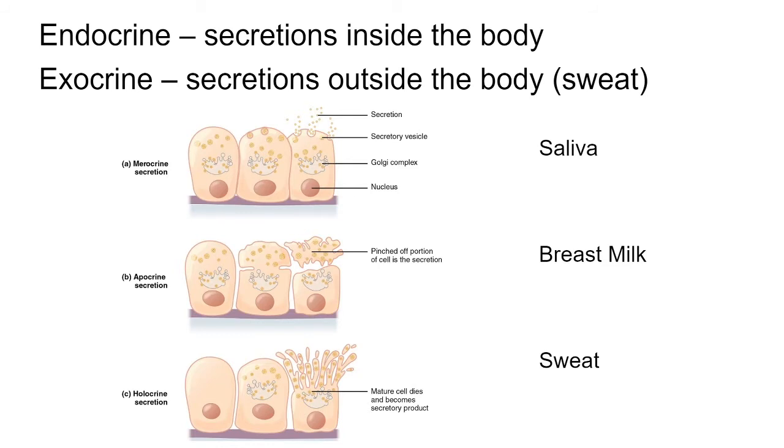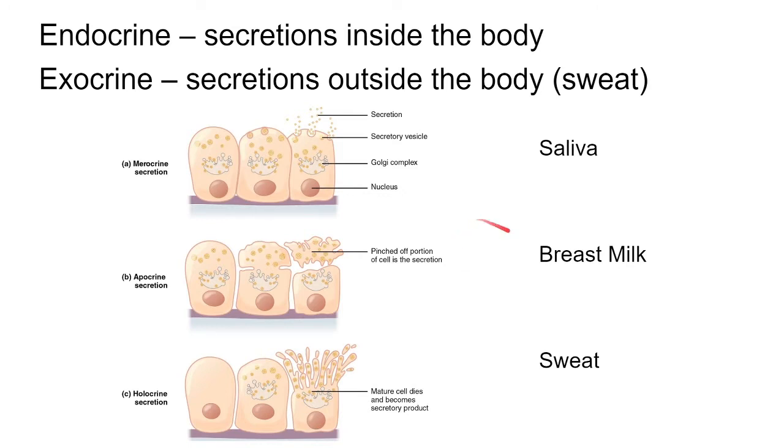There are two main ways secretions occur that we've talked about before. You have endocrine, which are secretions inside of the body, which is what most hormones are going to be. And then exocrine, which are secretions outside of the body, like sweat.